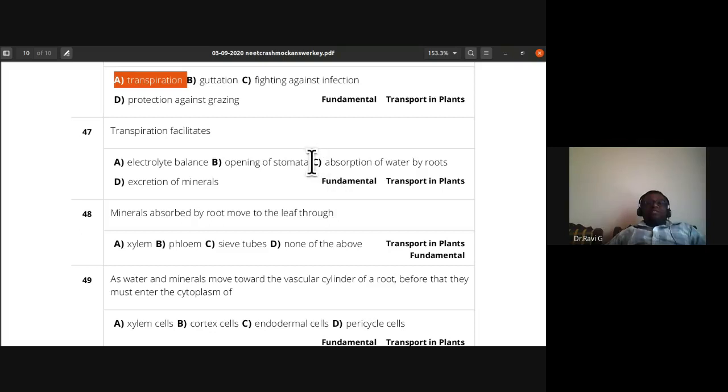What does transpiration facilitate? They help in absorption of water by roots. Okay, transpiration facilitates the uptake of water or absorption of water by roots.